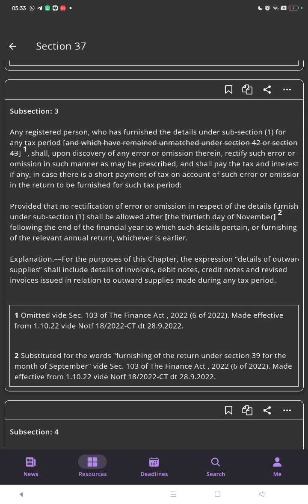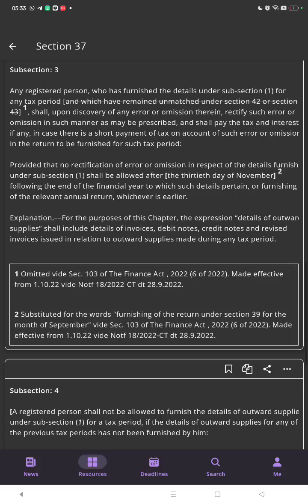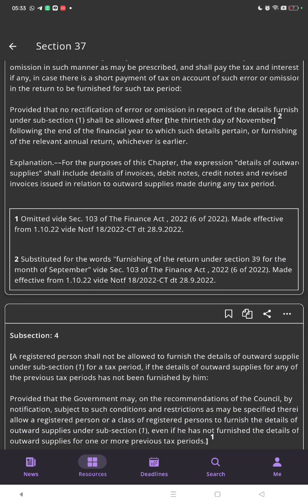subsection 1 for any tax period shall, upon discovery of any error or omission therein, rectify such error or omission in such manner as may be prescribed and shall pay the tax and interest, if any, in a case where there is a short payment of tax on account of such error or omission, in the return to be furnished for such tax period.